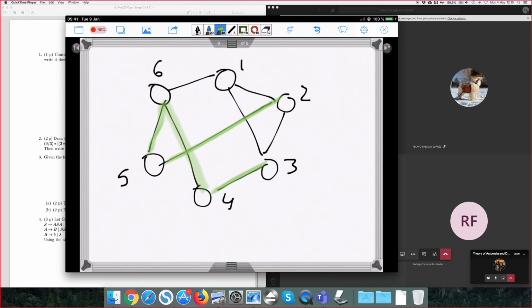And then after I have identified these edges that must be in any Hamiltonian cycle, it is very easy to check that we can complete the cycle like this. So in this case it was very easy to find the Hamiltonian cycle, which is 1, 2, 5, 6, 4, 3, and then back to 1.